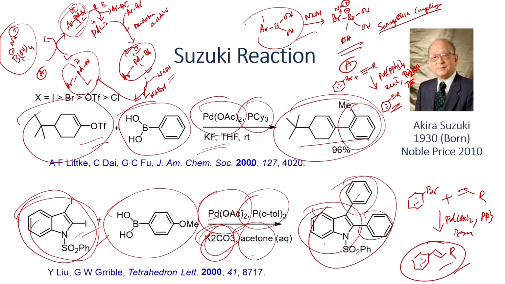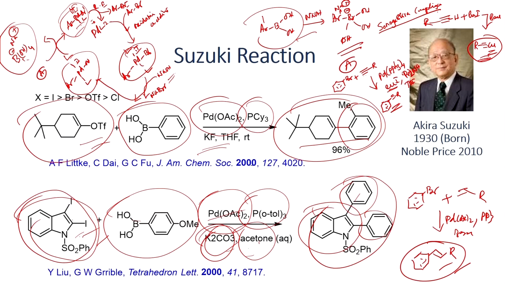Here, what happens is that when you take tetrakis triphenylphosphine palladium and copper iodide in diisopropylamine and THF solvent under nitrogen atmosphere, the copper iodide can react with this alkyne. You will be able to form this copper alkyne derivative.